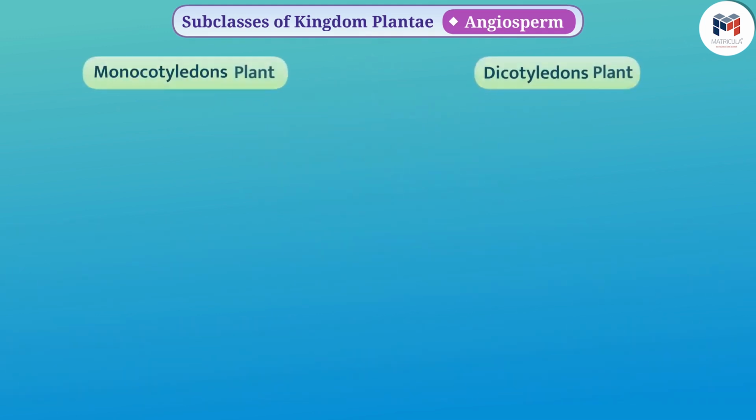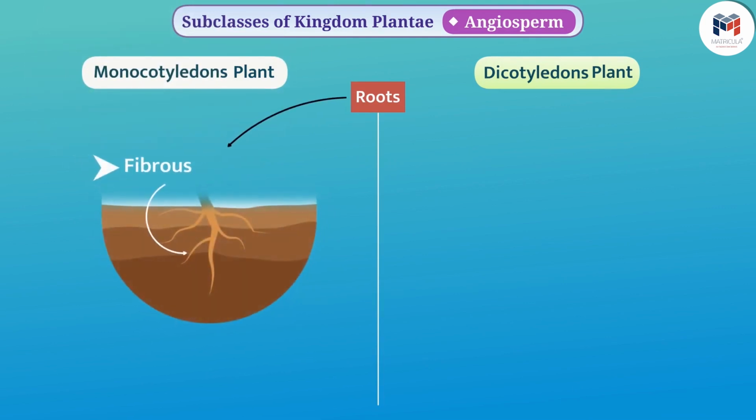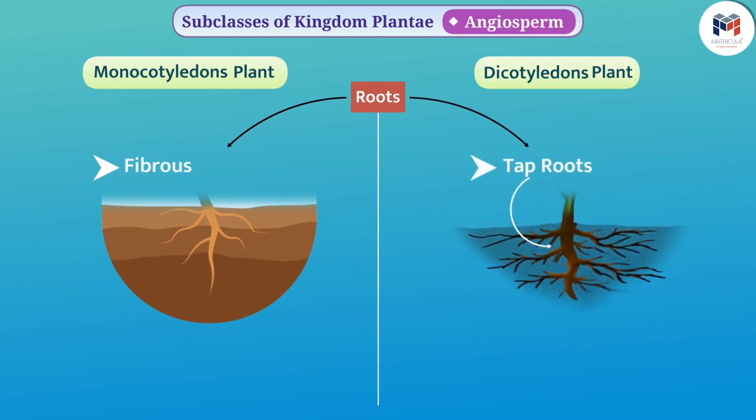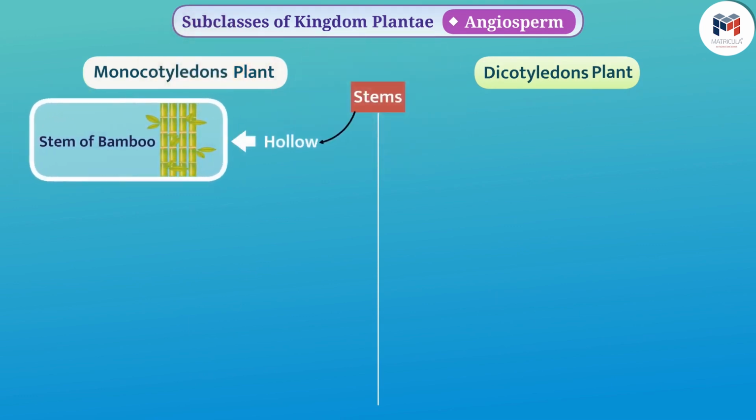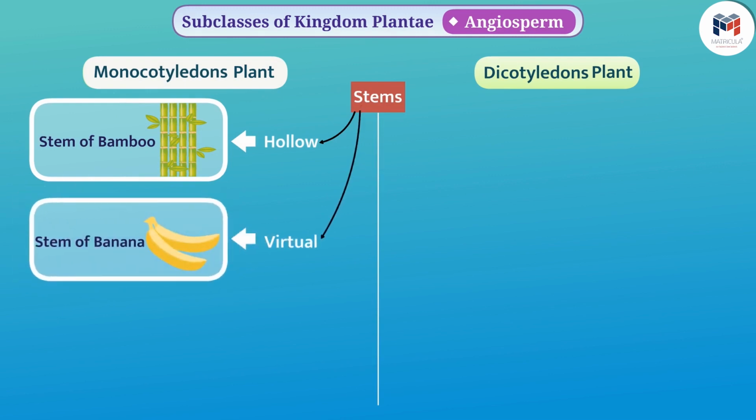Let's understand their characteristics. Roots in monocot plants are usually fibrous, whereas in dicotyledon plants, there are taproots. In monocot plants, stems can be hollow, such as bamboo, can be solid, such as banana, or can be bulb-like, such as onion.